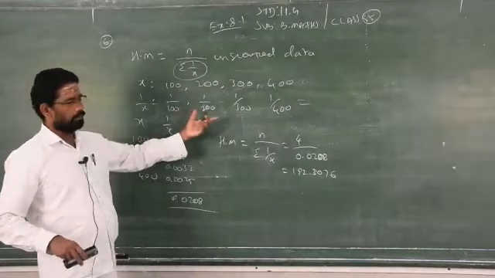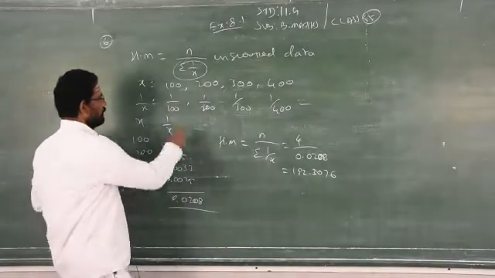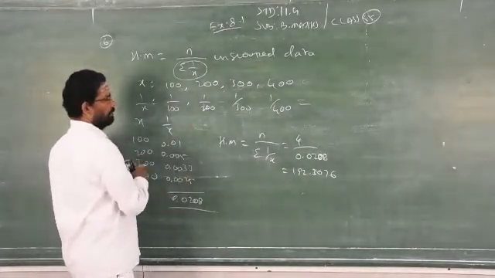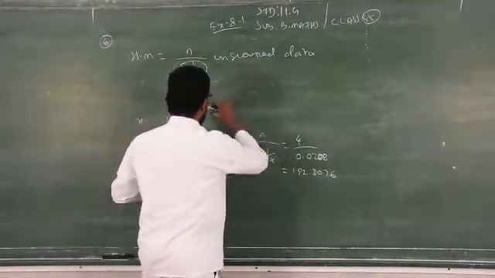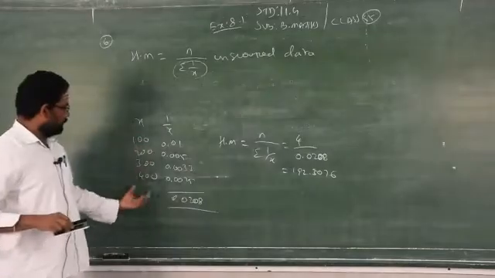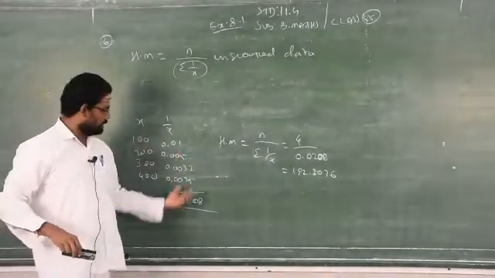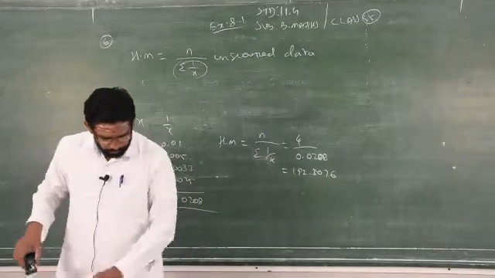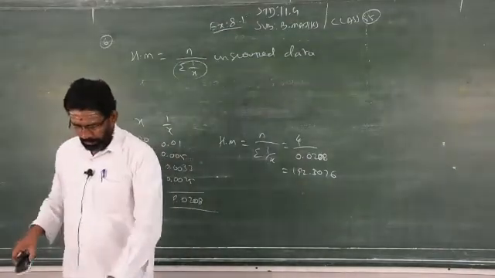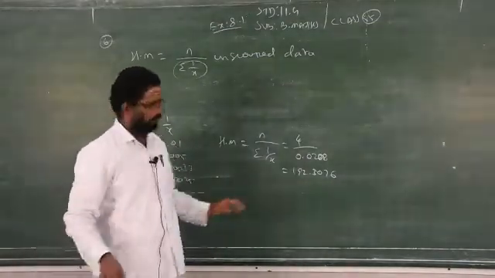Clear? By LCM you can take 1200, you will get answer, but no need to go for that. You can straight away open the tabular column x, 1 by x, summation, substitute in the formula, you will get answer. Clear? In the same way you can do sum number 7 also, same model.